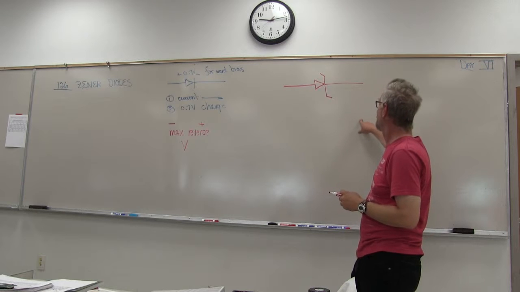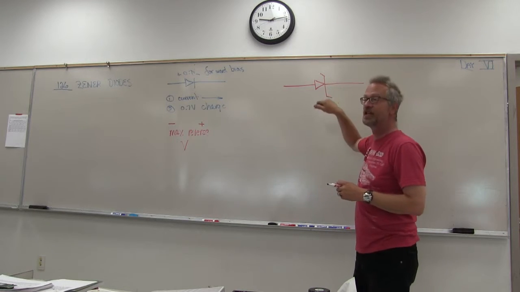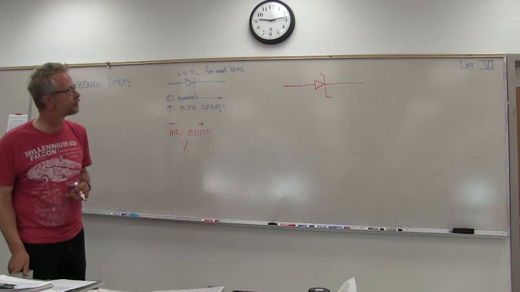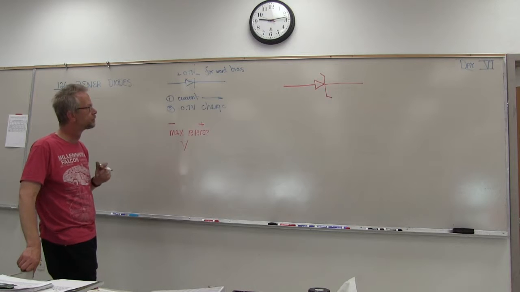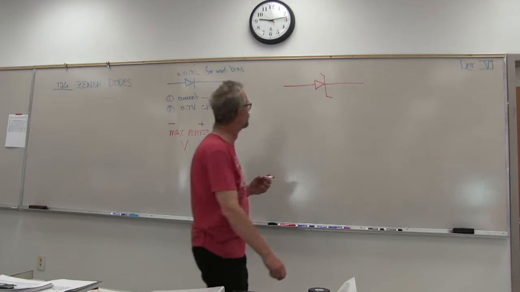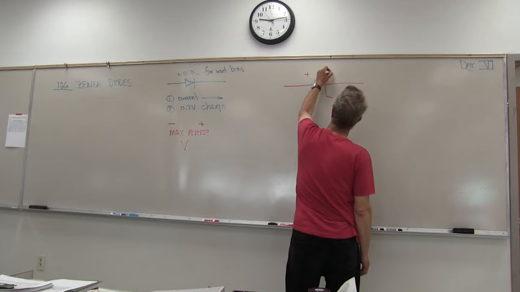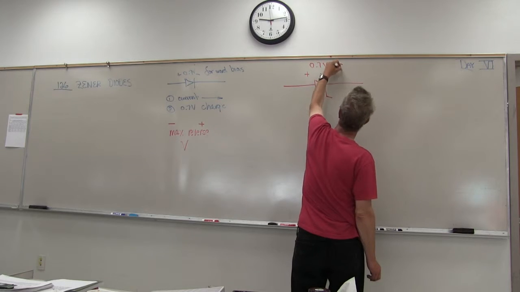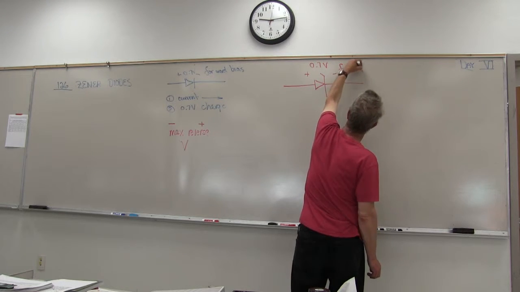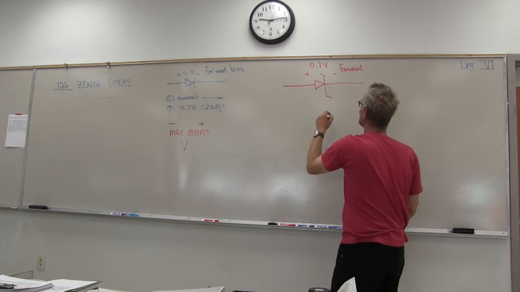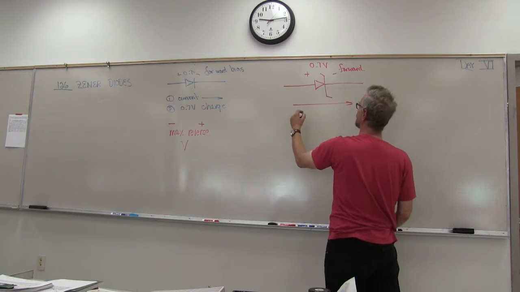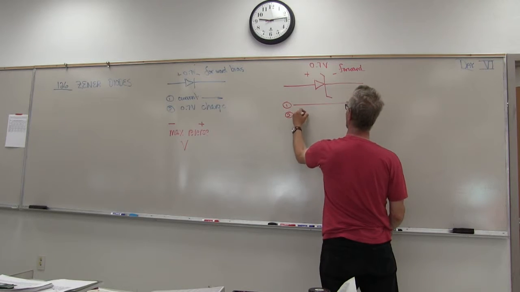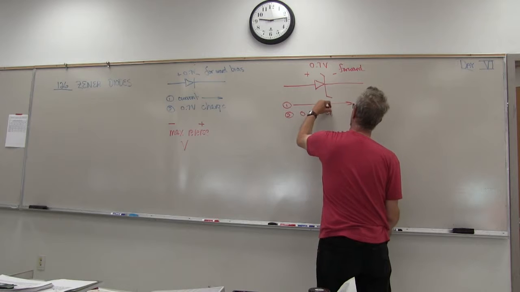And if you twist yourself around a little bit, you can probably envision that looking like a Z. When a Zener diode is forward biased, about 0.7 volts, forward bias, current flows in this direction, and roughly a 0.7 volt charge.